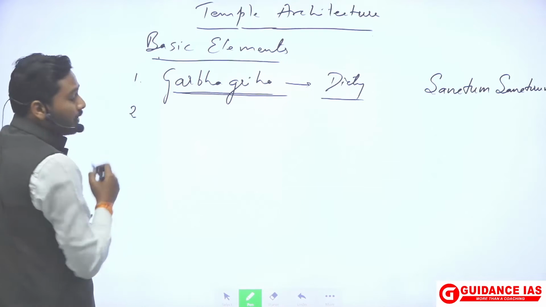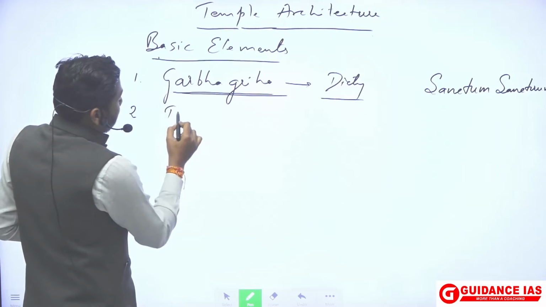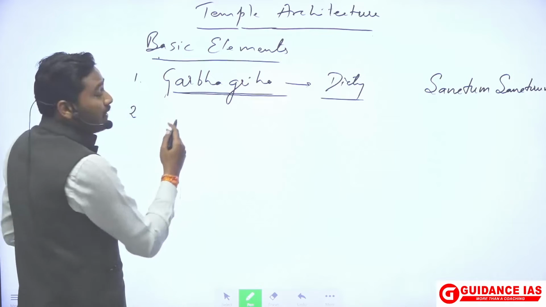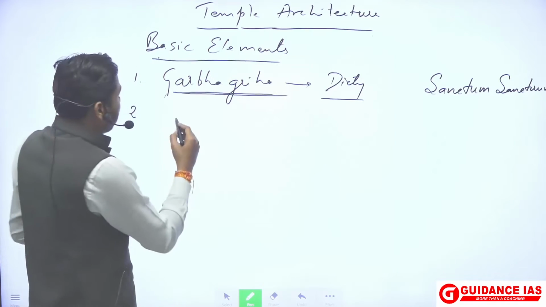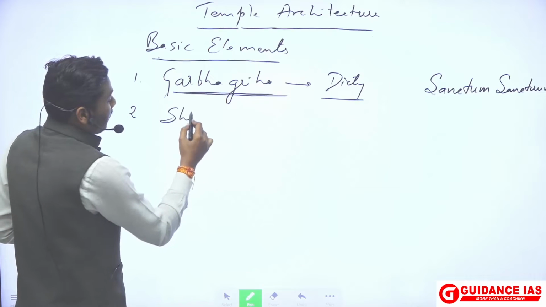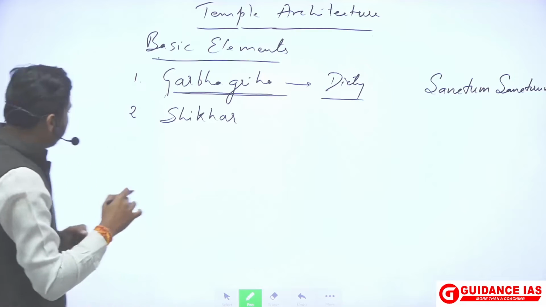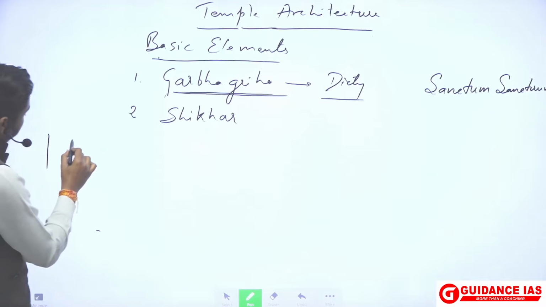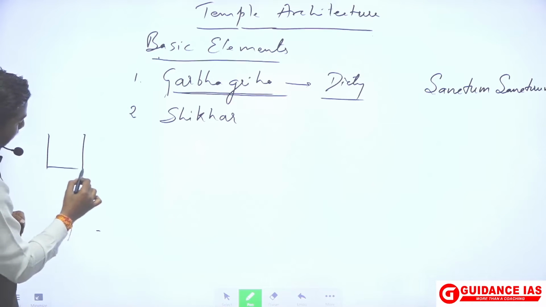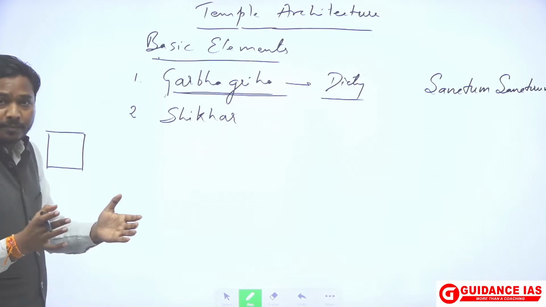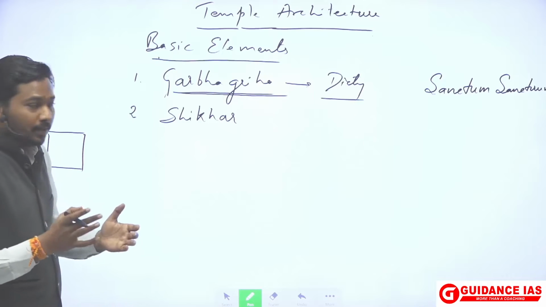Second is a tower above the main Garbhagriha, which is called Shikhar. You might have heard of it; let me draw it for you. This is the main sanctum sanctorum or Garbhagriha.